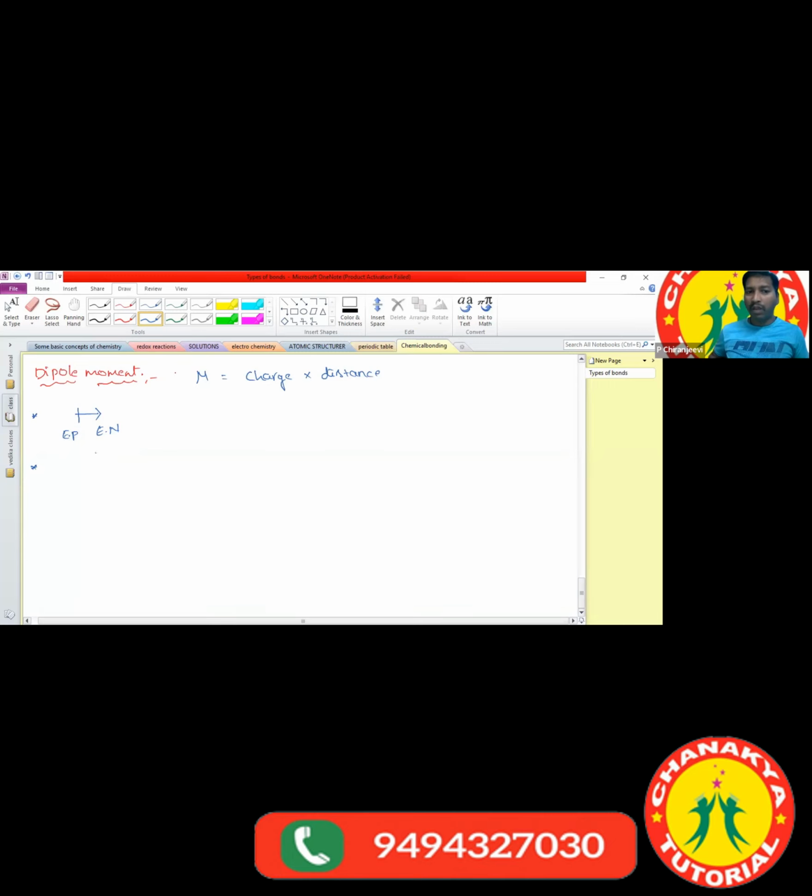In polyatomic molecules, how do we calculate the resultant dipole moment, mu r? I'll give one example here.